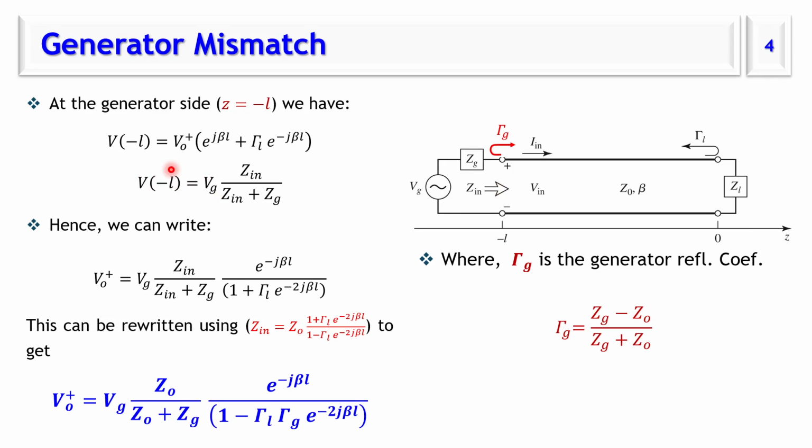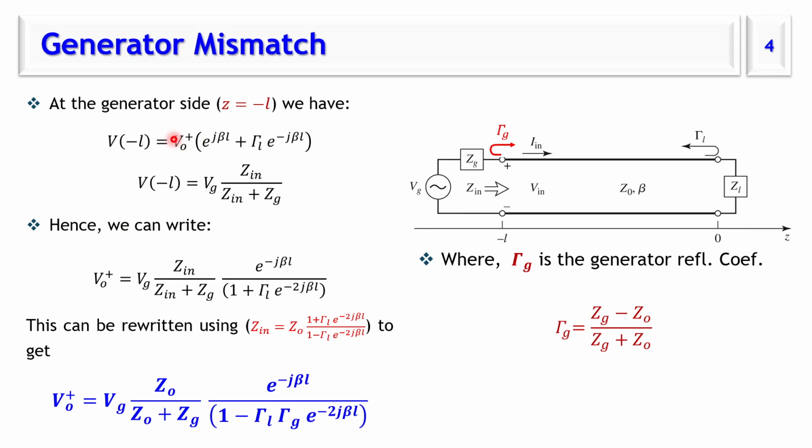So the boundary condition at the load is here: V at the load equals Vg multiplied by Zn divided by Zn plus Zg. From this equation, we can rewrite the expression as such.